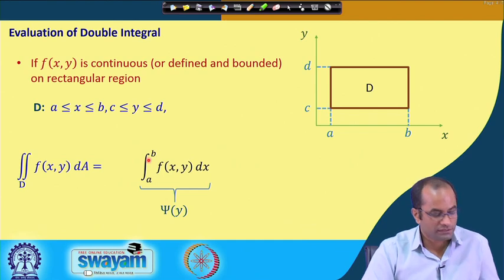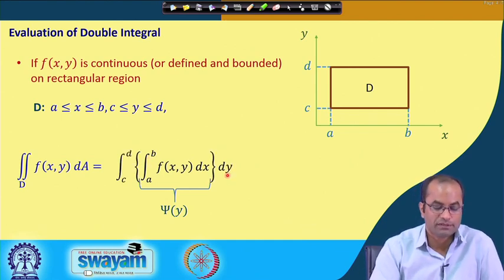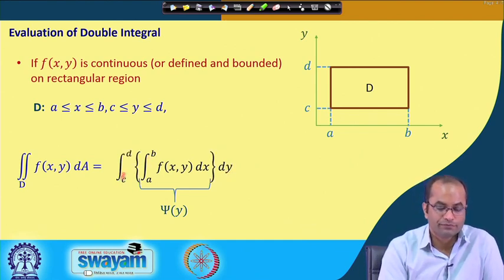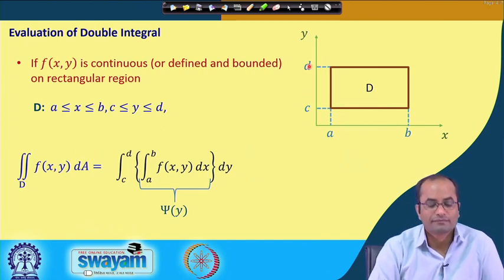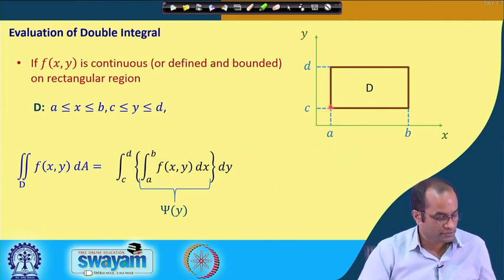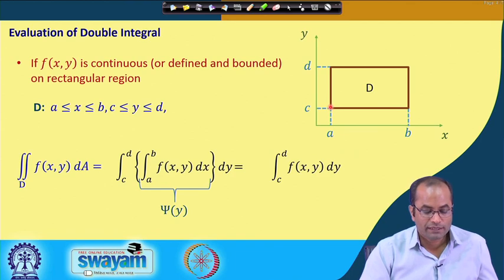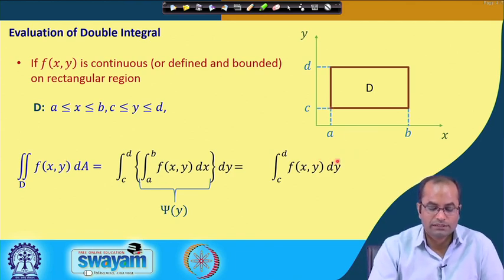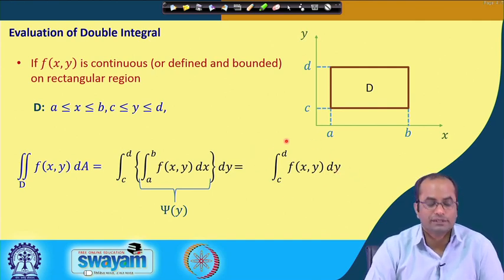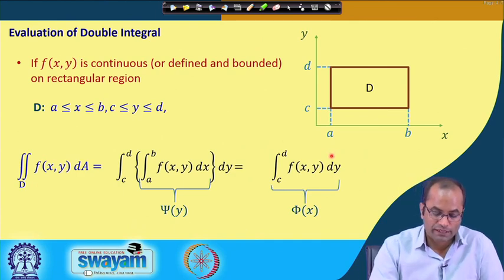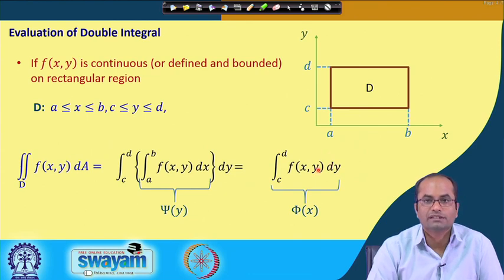So, this is a repeated integral. Now we can integrate with respect to y, where y varies from c to d. Since the region was nicely defined from a to b and c to d in the direction of y, we can also compute first the integral with respect to y, dy from c to d, which we can call phi of x, because this will be a function of x after the integration.